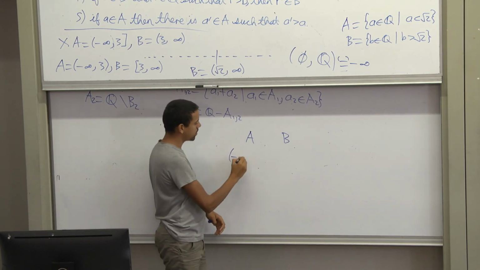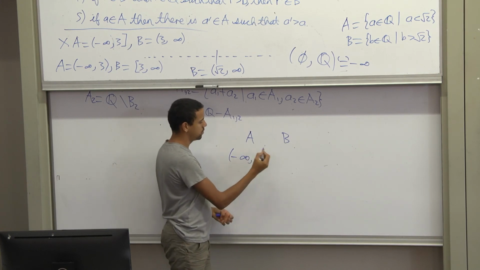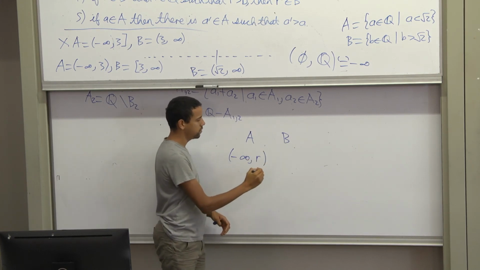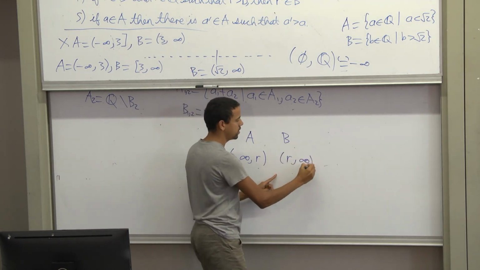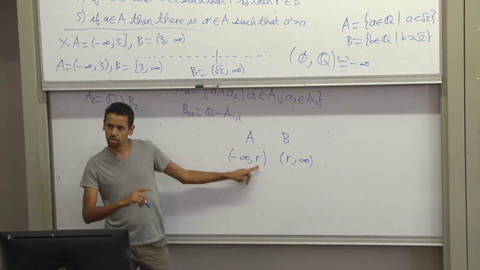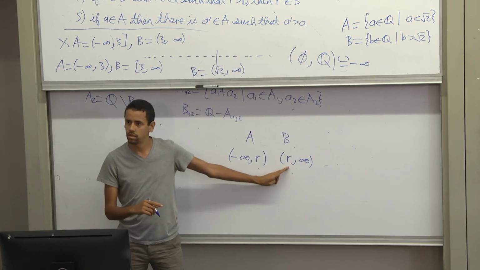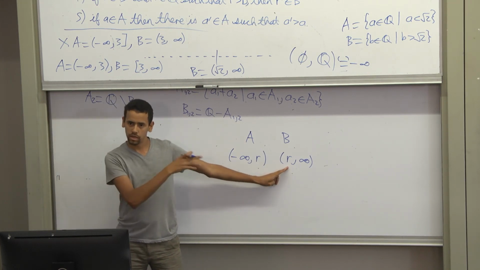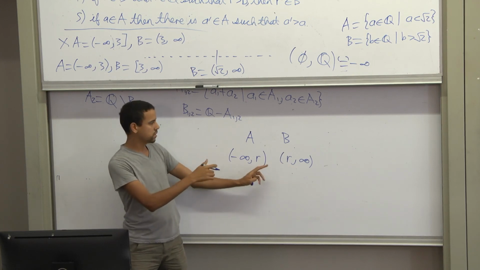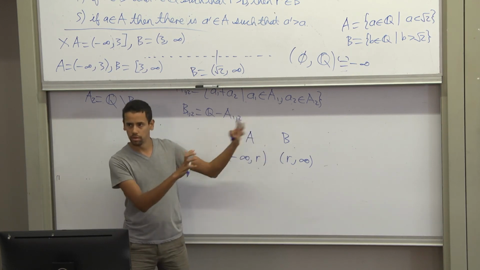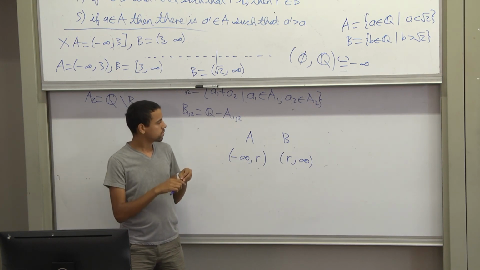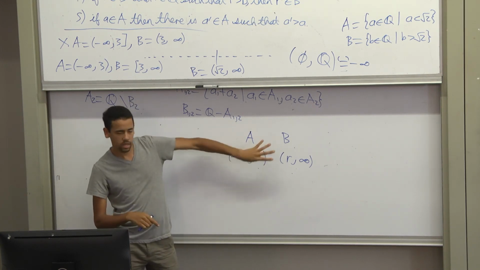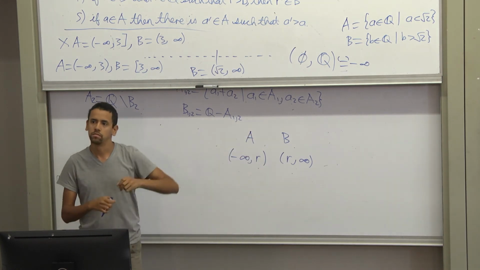Okay, but if I write down negative infinity to something open and that same thing to infinity, then by definition my real number r isn't in either of them. So it's not a Dedekind cut of the real numbers, because the two together have to make up the real numbers. So this does not count as a Dedekind cut of the reals.